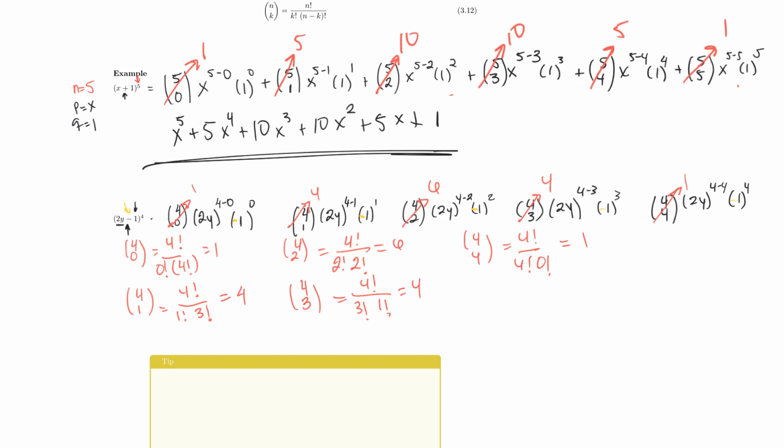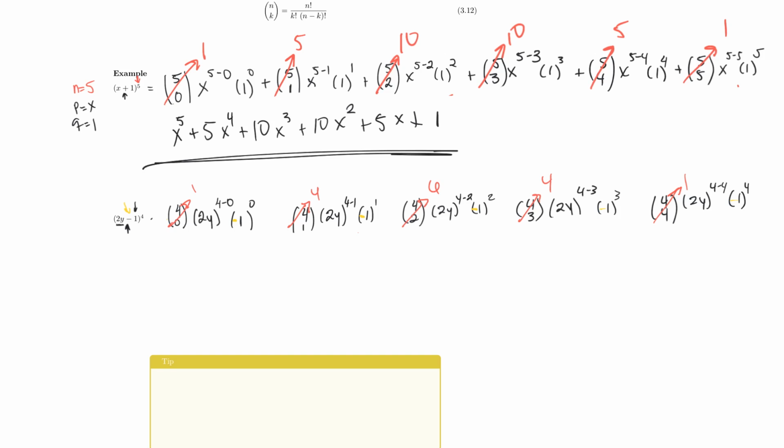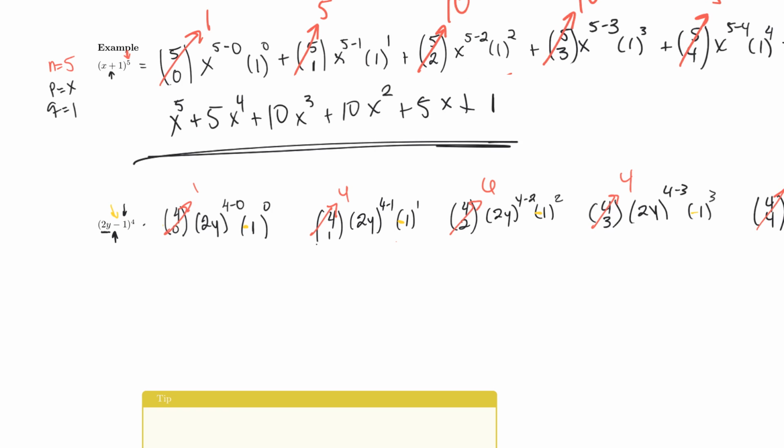Now let's write down our binomial expansion in a nicer way. Let's delete our calculations. And now we write 2y to the power of 4 times minus 1 to the power of 0 is just 1. Okay, so here, this is the term that is defining my sign. Minus 1 to the power of 1 is just minus. Then we have 4.